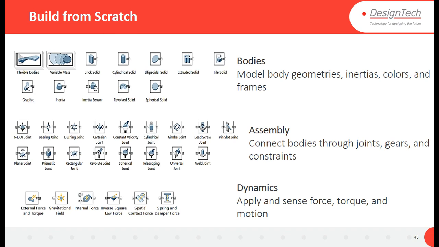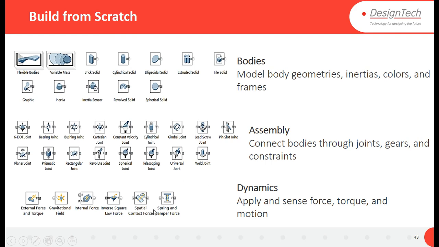If I have to build from scratch, these libraries are available. Different kinds of bodies are available: body geometries, inertias, and color if you want to change it. Different frames are available. And there are assembly libraries available: how you are going to assemble and join, connecting bodies through joints, gears and constraints.